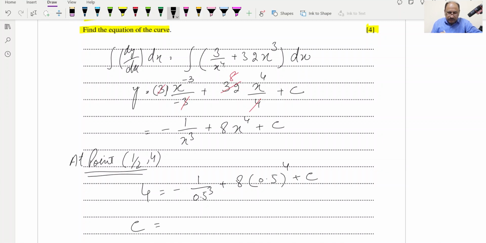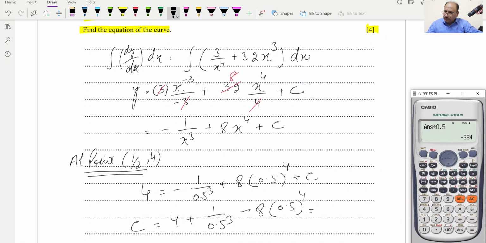So this implies c is equal to 4 plus 1 over 0.5 cubed, minus 8 into 0.5 raised to power 4, so 4 plus 1 over 0.5 raised to power 3, minus 8 into 0.5 whole raised to the power 4.